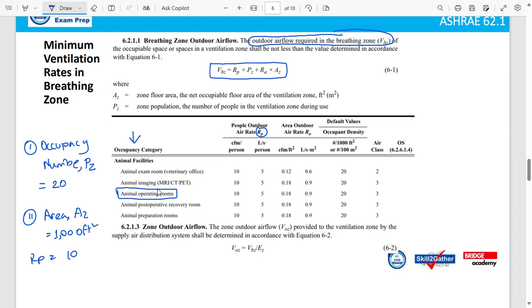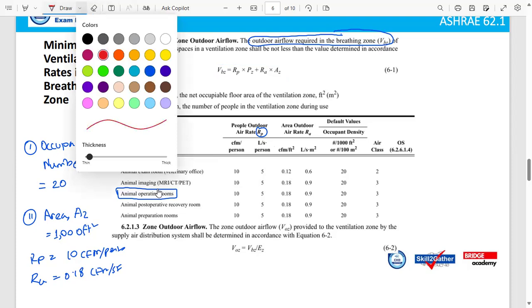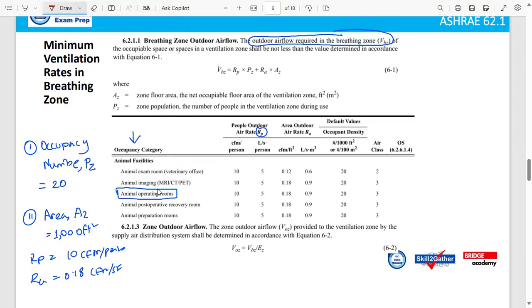Okay. Now, if you apply this formula, from here we get RP is equal to 10 CFM per person and RA is equal to 0.18 CFM per square foot. Now, I think you already got how to do the next step. It's very simple. VBZ is equal to, we know RP is 10, number of people is 20.